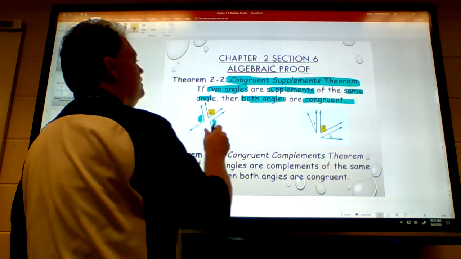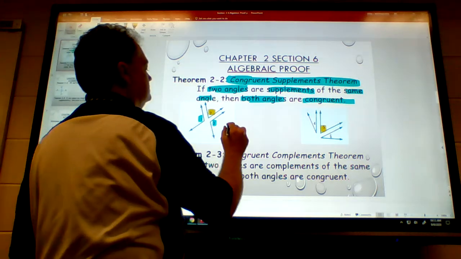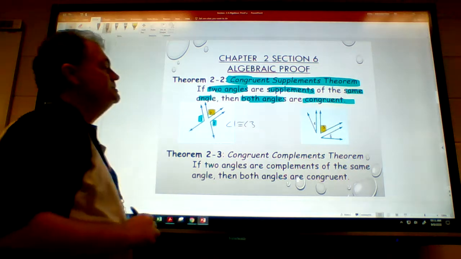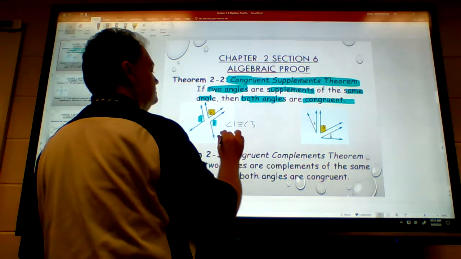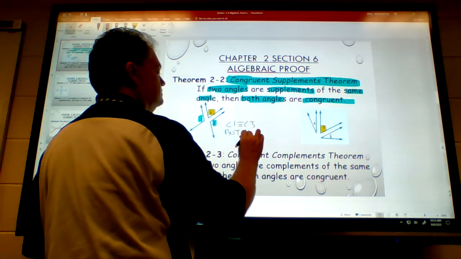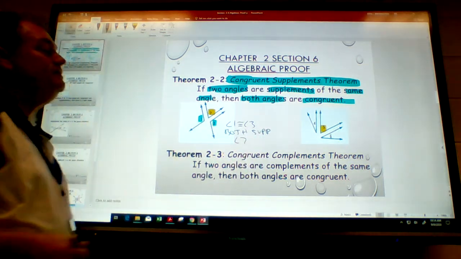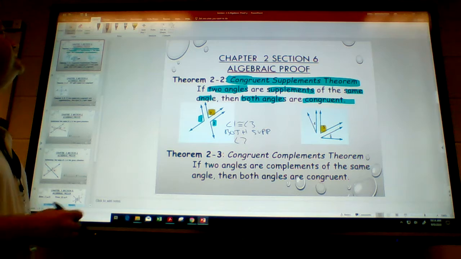So therefore, angle 1 is congruent to angle 3 because both are supplements to angle 2.